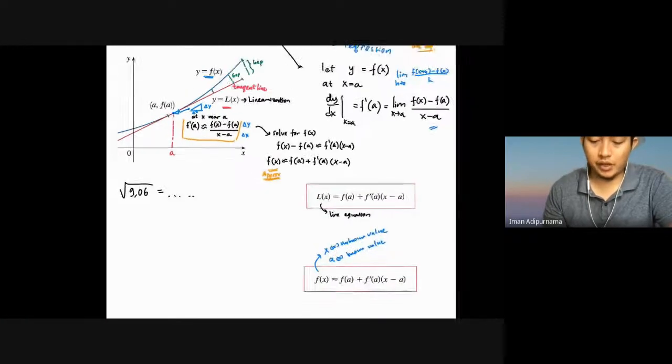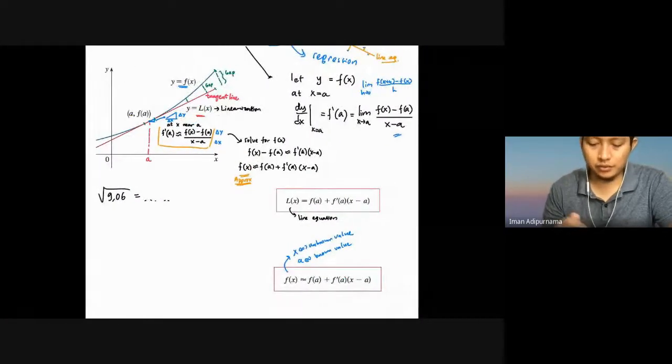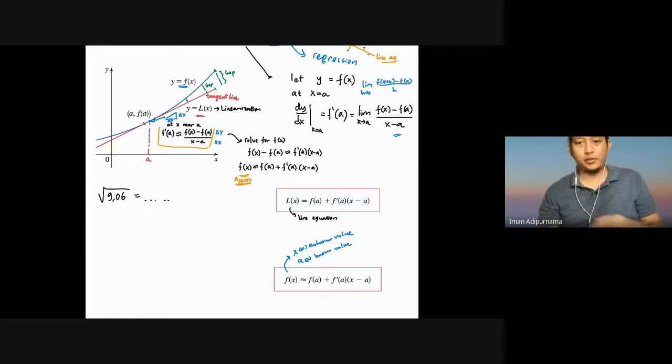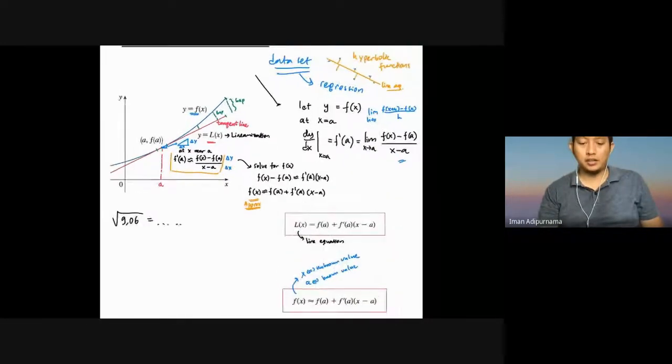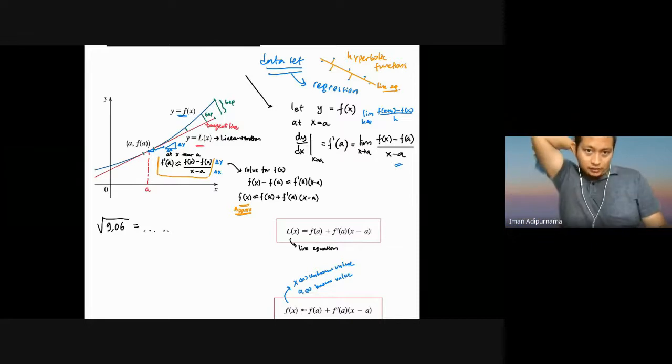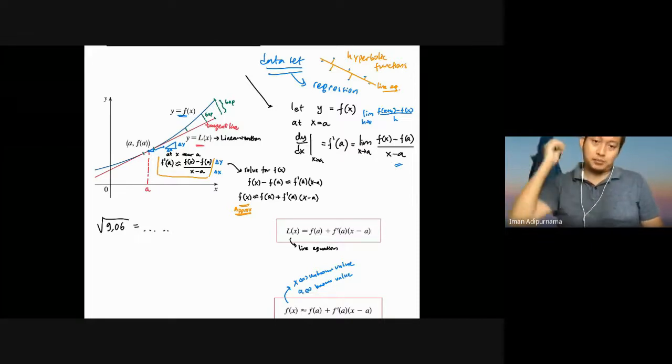Of course, if you have a calculator, you can calculate it directly and you will get some number, right? You can check with your calculator what the answer is. Well, I will show you that using calculus and linear approximation, we can simply calculate this with some simple calculation and get the answer.